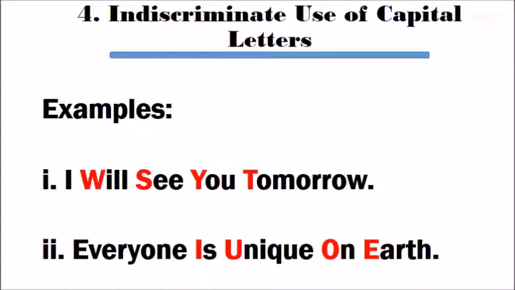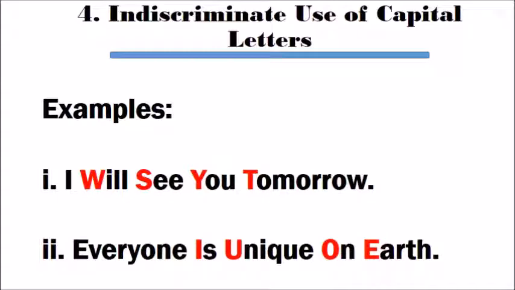So if I have, as it is in example 1, "I Will See You Tomorrow," as presented in this example, all appear with initial capitals. This would be wrong. The second example says, "Everyone Is Unique On Earth."